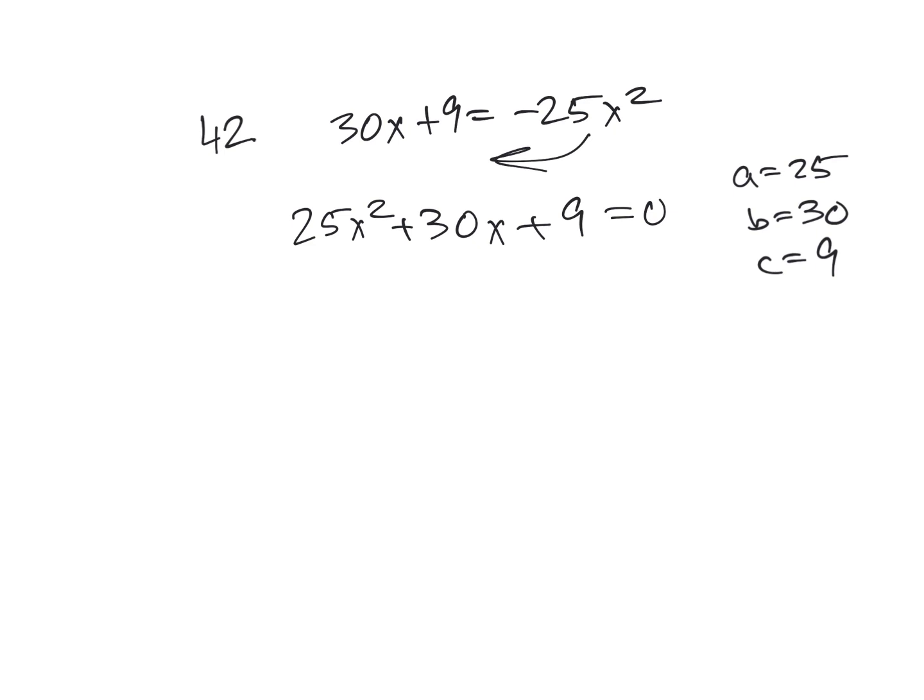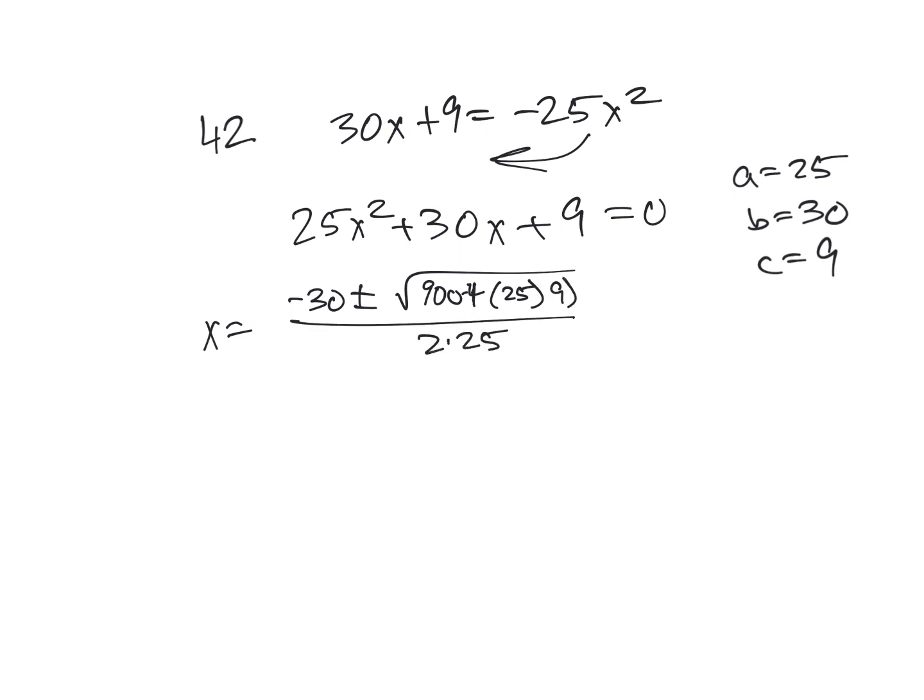Okay, so x equals negative b plus or minus the square root of b squared, 900, minus 4 times a times c, all over 2 times a. All right, 4 times 25 is 100. 100 times 9 is 900. So we have 900 minus 900, which is 0.